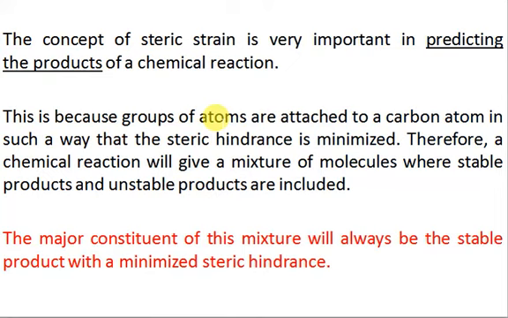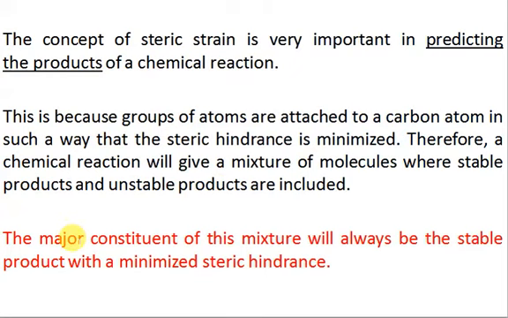Steric strain is an important concept because by looking at the structure we can see whether it is hindered or not, so we can predict which product will be major. A product that has maximum stability and minimum steric hindrance will be the major product, while the product which has maximum steric hindrance will be least stable and will be the minor product, right?